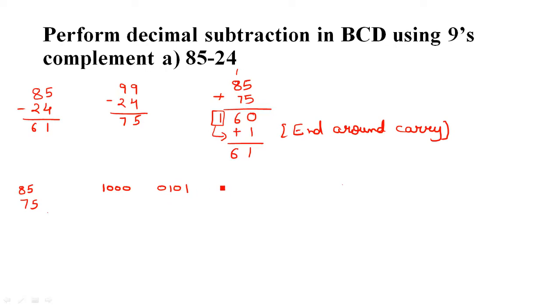This is 85 in BCD. Next is 75, 7 and 5. This is the 9's complement of 24 in BCD.